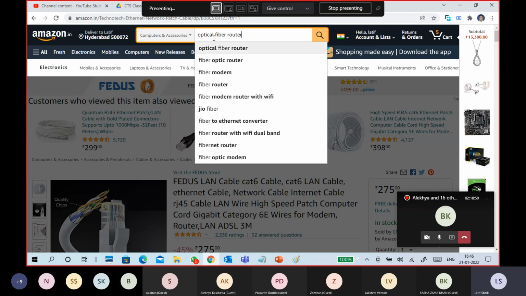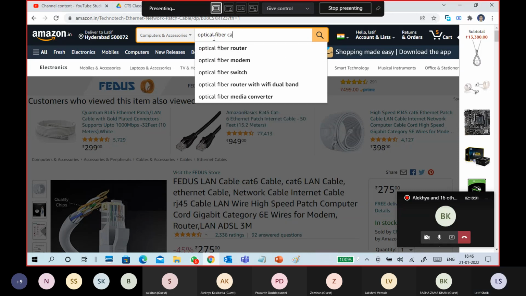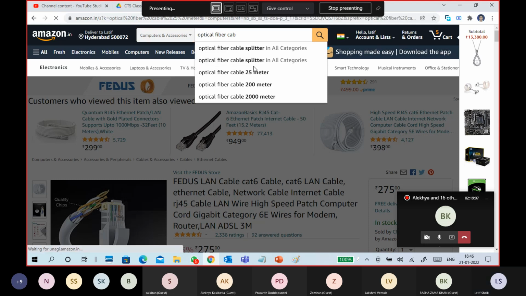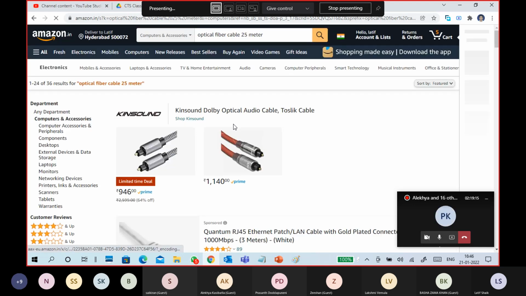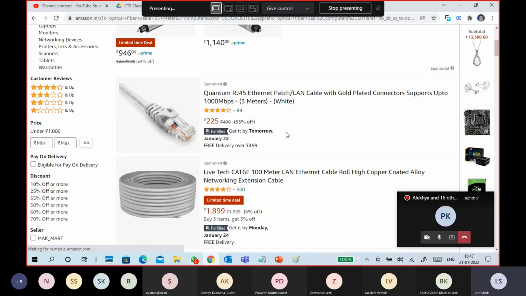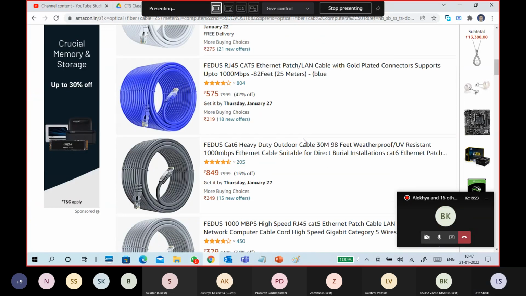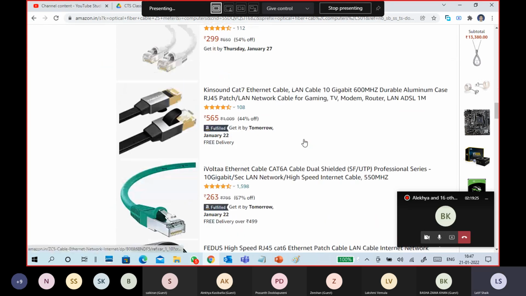optical fiber cable. Okay, so a 3 meters normal cable is 225, but I am searching for optical fiber cables.